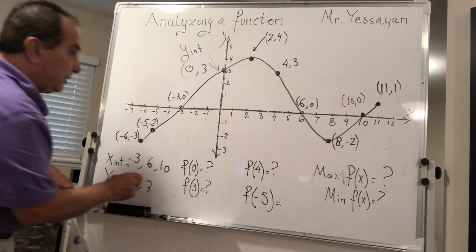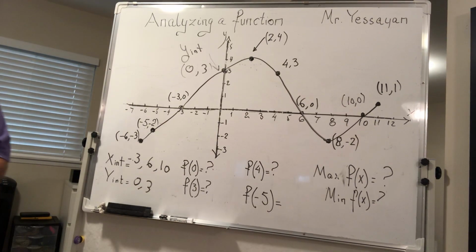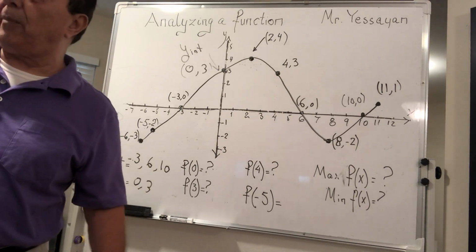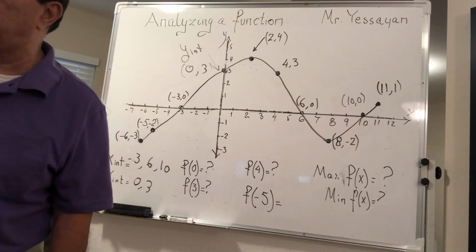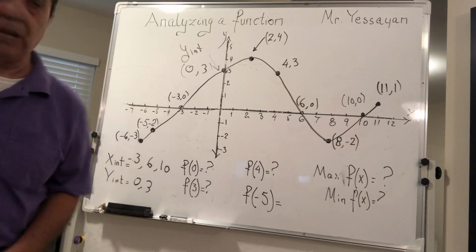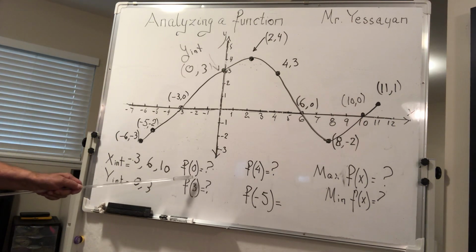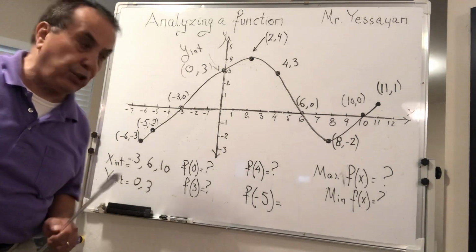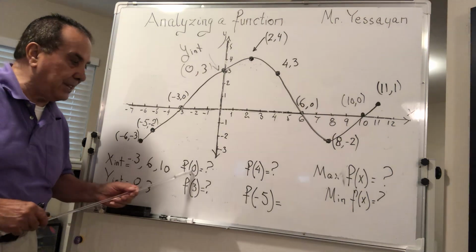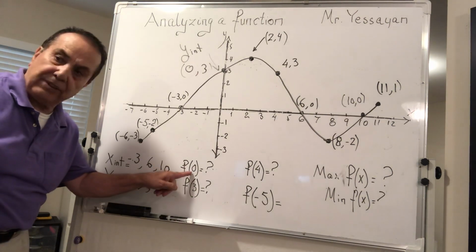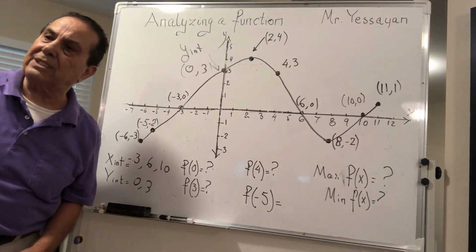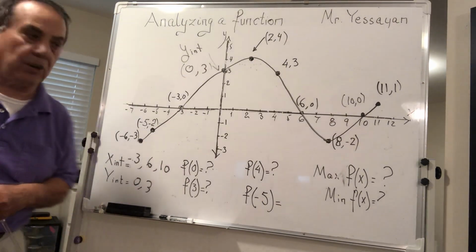Now, another good question is, what is the value of f(0)? Some of us had trouble. We didn't understand this question when I gave you an assignment. f(0) means what would be the value of the function when x is 0. The inside of the parenthesis means when x is 0. What's the value of the function when x is 0?